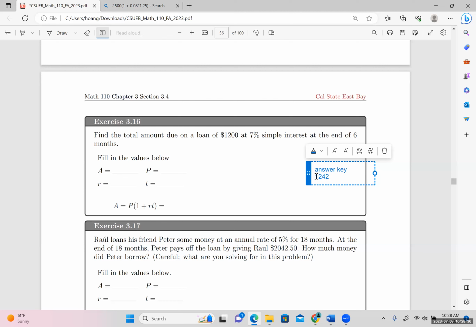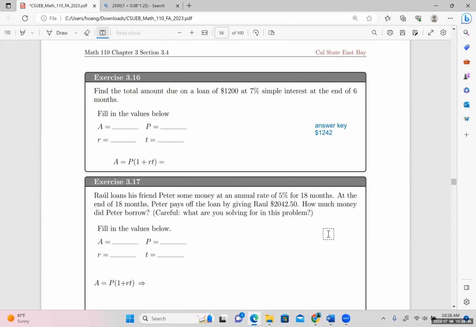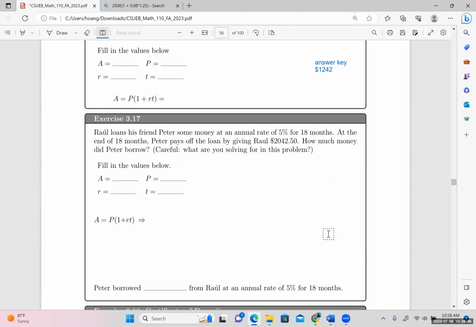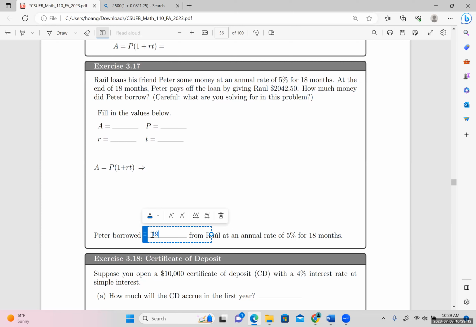Okay, make sure to change the rate into decimal and change the time into years, right? Similarly for 3.17, the answer is going to be 1900. Answer key.